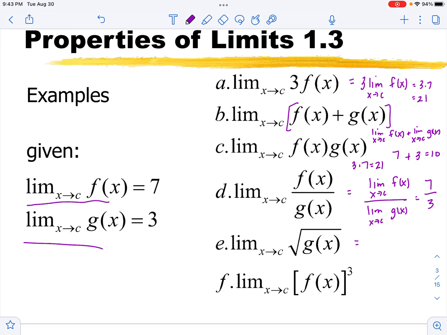be the limit of g of c. So this is g to the 1/2 power. So then this would be the limit, if we rewrote this, of g of x, which is just our function, to the, not 1/3, how about 1/2 power?